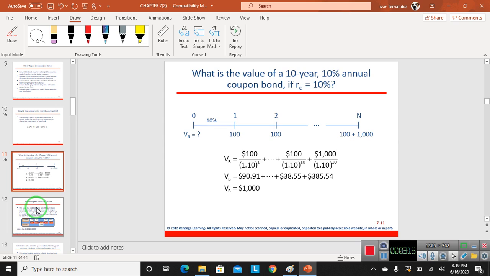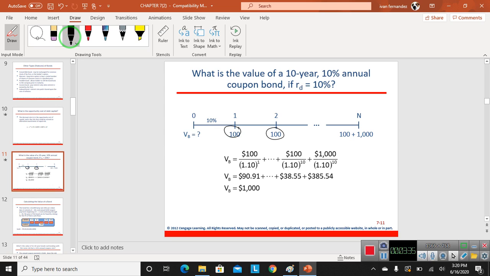So 10% annual coupon bond means 10% of $1,000 because the face value is $1,000. So 10% of 1,000 is 100, as you can see here. So every year you're going to get $100 for 10 years.